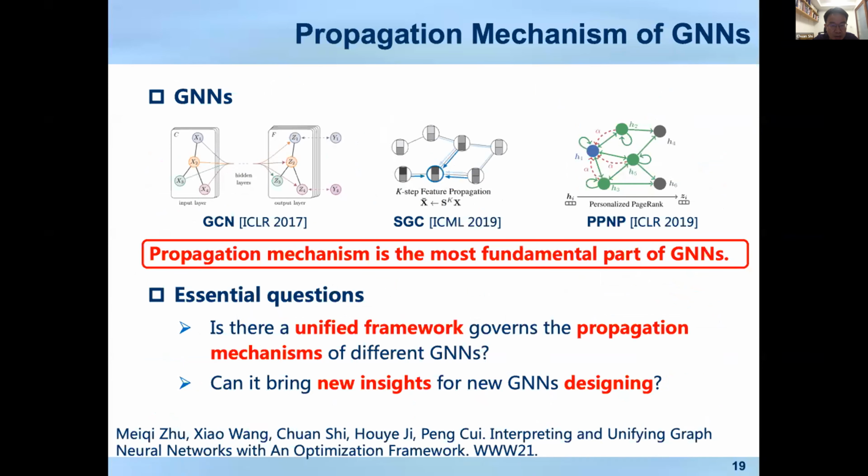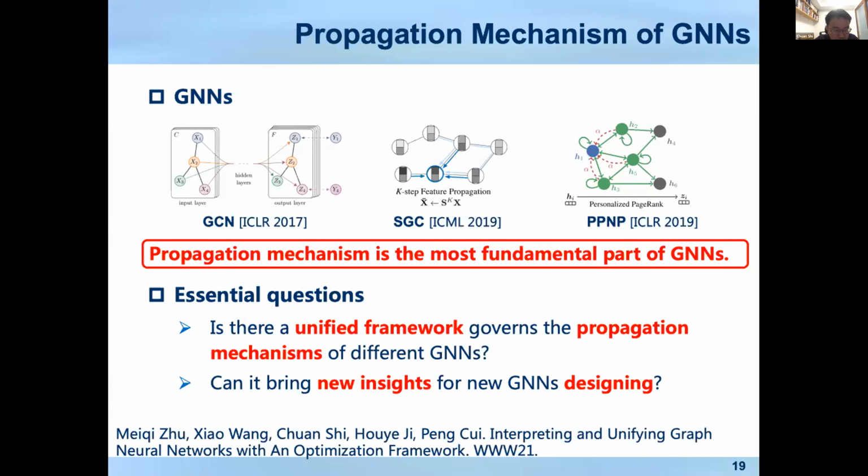Then we will study the propagation mechanism of GCN. We know that the propagation mechanism is the most fundamental part of GCN. Different GCNs have different propagation mechanisms, and so many propagation mechanisms have been proposed.